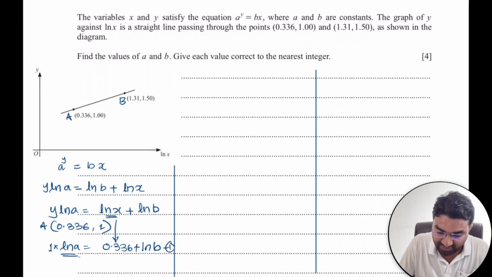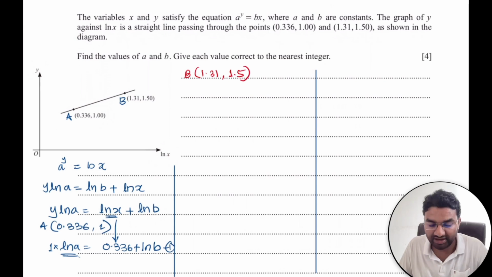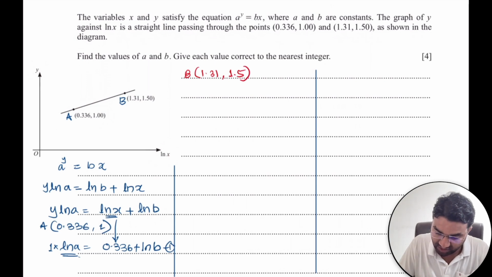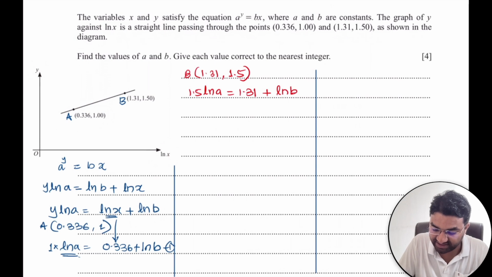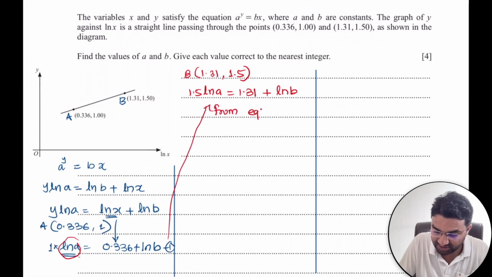Then next, point B is (1.31, 1.5). Substitute here. It will be 1.5 ln a = 1.31 + ln b. Fine. So from equation 1, you can substitute the ln a value here: 1.5 times (0.336 + ln b), and we have on the right hand side 1.31 + ln b.